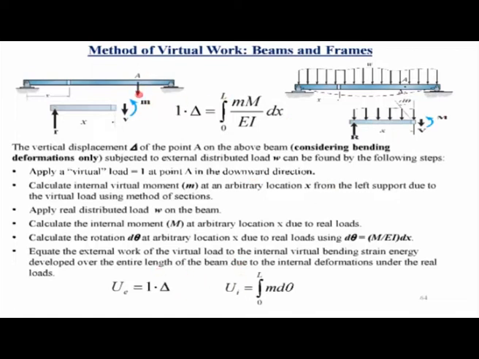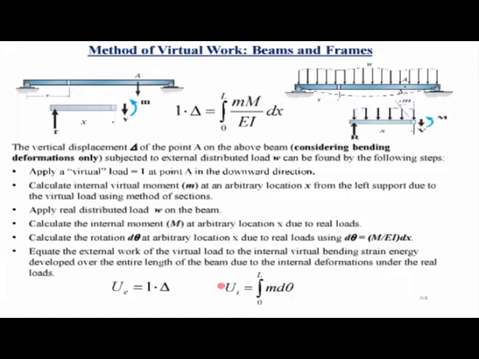Now again, the external work done by the virtual load of magnitude unity due to the externally applied load is equal to 1 times delta, where delta is the deformation at that point A due to the externally applied loads. So 1 is the virtual load and delta is the deformation of the point where that virtual load is applied, due to the external load.